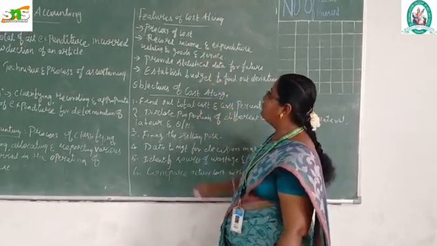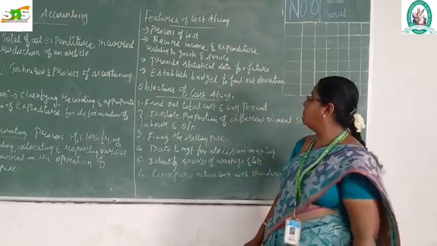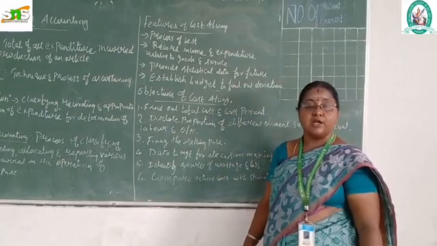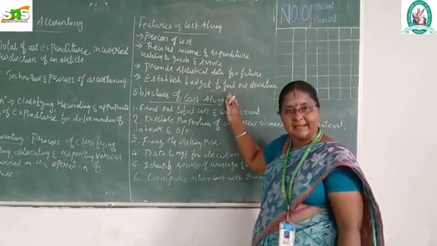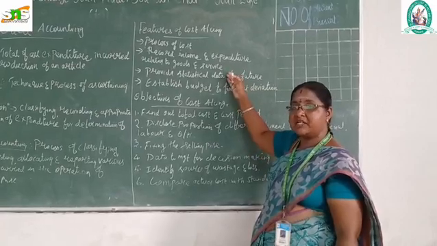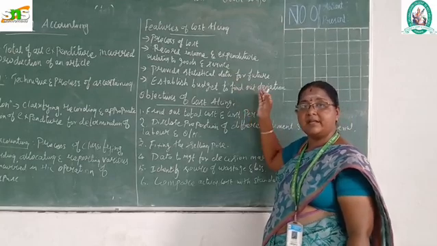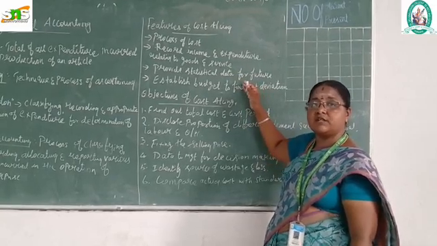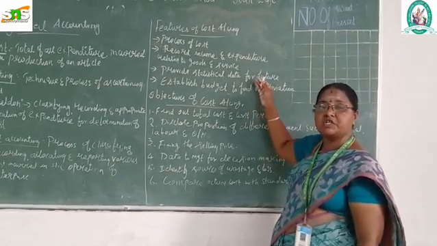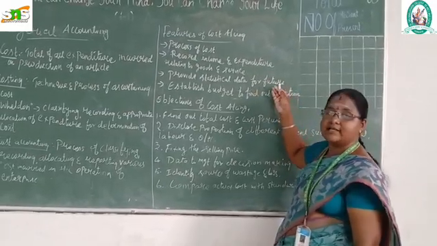The next one is, after recording the transactions, they provide statistical data to the management for future reference. Based on the information given by the financial department, they analyze whether the cost should be increased, whether the allocation of resources should be improved, or whether we should reduce. So it is useful for future establishment.